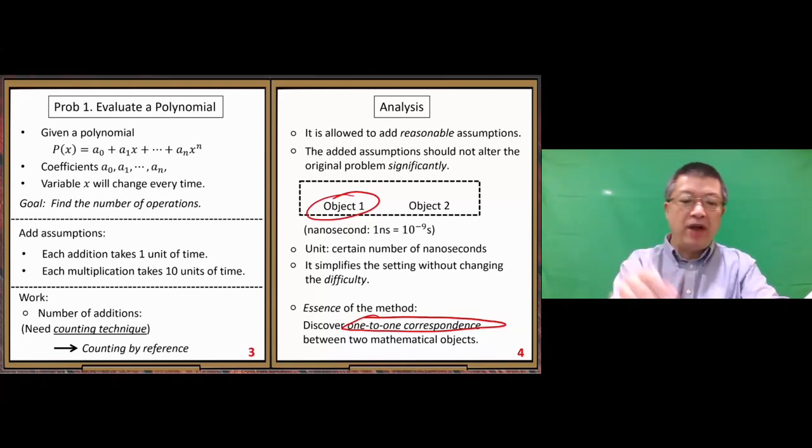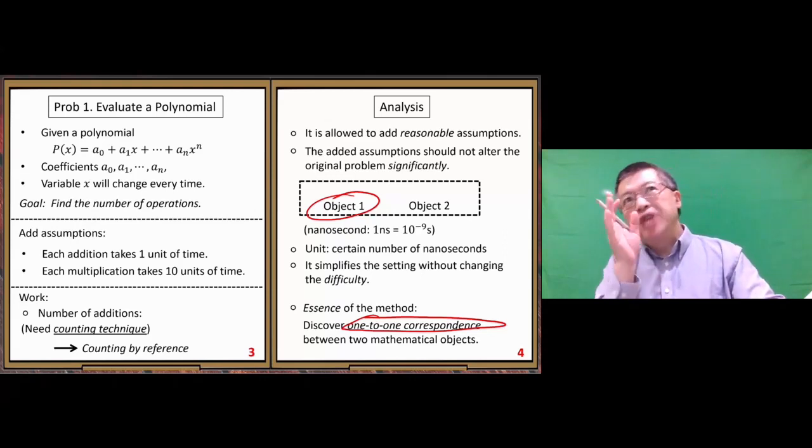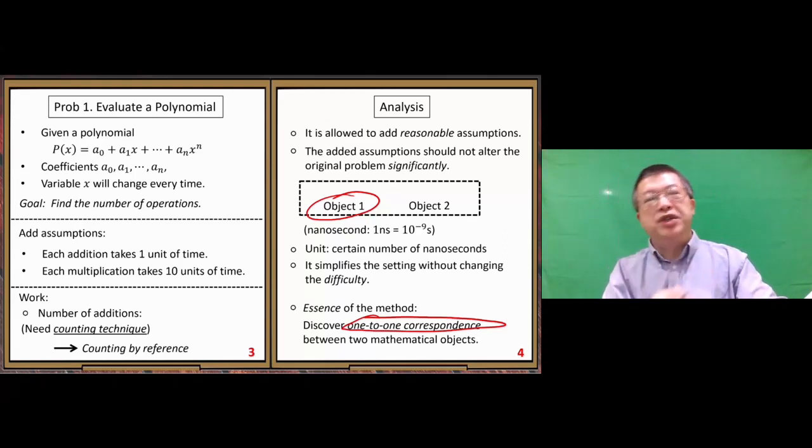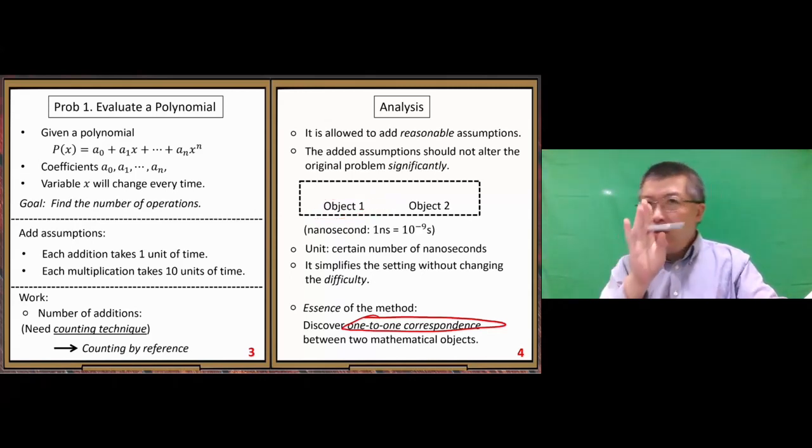Here, the number of additions. Suppose some of you do not feel it's easy to count, but some of you may feel it's easy. But here I talk about the general method. When you count object 1, it's not quite easy to count directly.